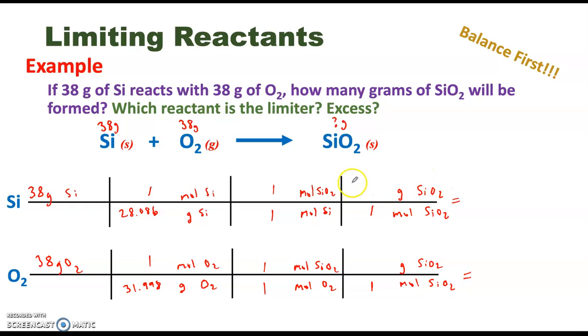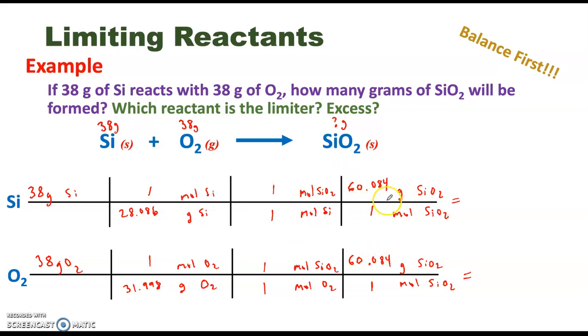And then that is 60.084. Nice thing about doing these problems is that once you solve the molar mass of that, whatever you're going to, you don't have to do it for each ladder because it's going to be the same. The end of each ladder should always be the same when you're doing these problems because you're going to the same thing.